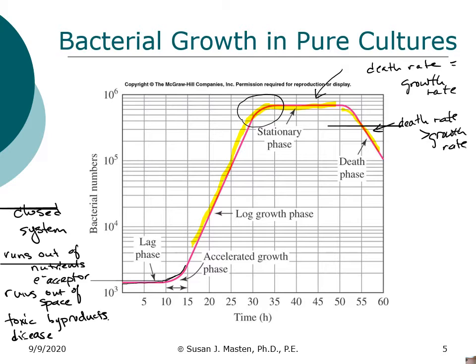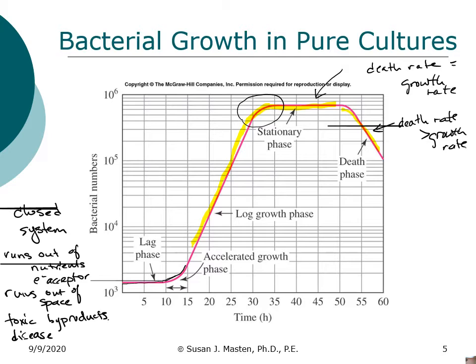Now shown here, a bacterial growth curve for bacteria in pure culture. So note, this is for a pure culture. It's also for a closed system. So as I've noted here, and just think about this as we have a bacteria culture. Okay. We inoculate that culture with an organism, and what we see is an initial lag phase.